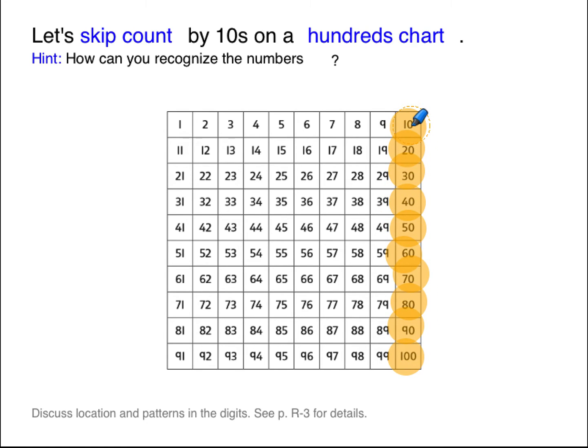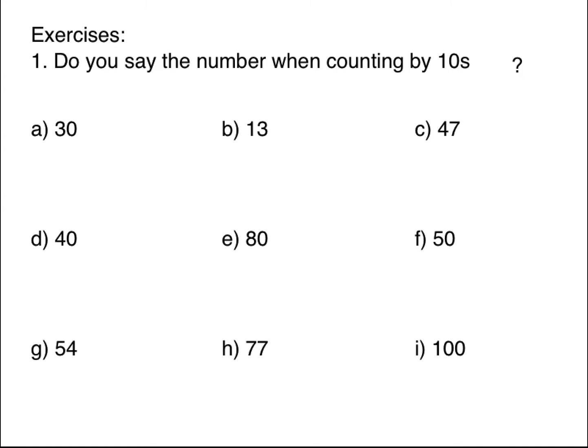And the tens digit goes up by 1. 1, 2, 3, 4, 5, 6, 7, 8, 9, 10. And it's the easiest way to remember that they're tens because they all end with a 0. So it's easy to tell if it's counting by tens.